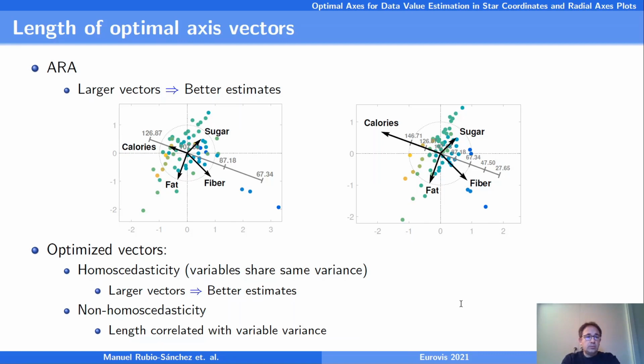So we assumed that this would also happen when using these optimized vectors, and in fact our initial results seemed to suggest that, but we were using standardized data where the variables have the same variance. It turns out that this only happens if the variables share the same variance. If not, then the lengths of the optimized axis vectors are more correlated with the variance of the variables. So this is clearly an unexpected result worth mentioning.